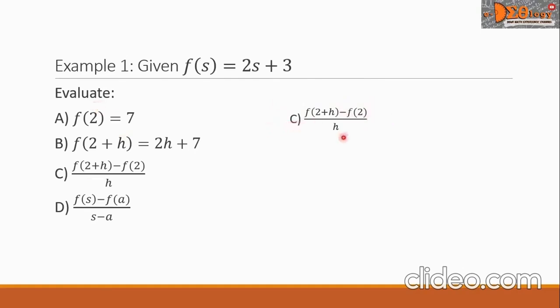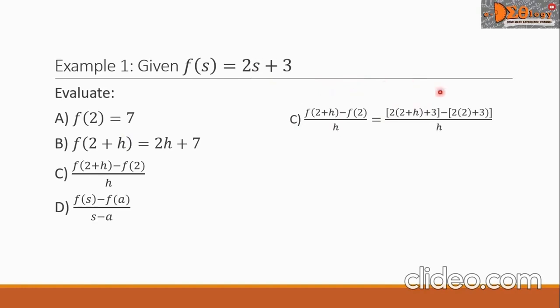Just to show, we will do it like this. For the f of 2 plus h, we will consider again that same function. We will copy here but instead of the s, I will put the 2 plus h. So we have here 2 times the quantity 2 plus h, then plus 3. This is for the f of 2 plus h.